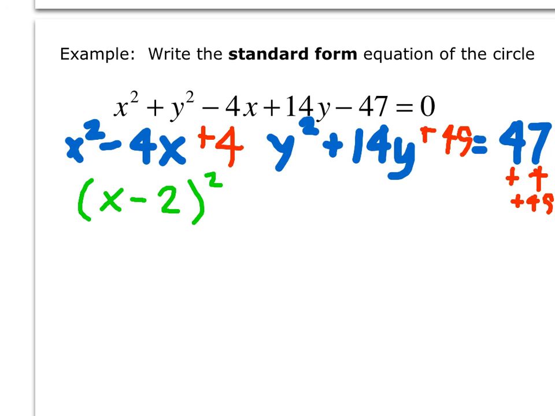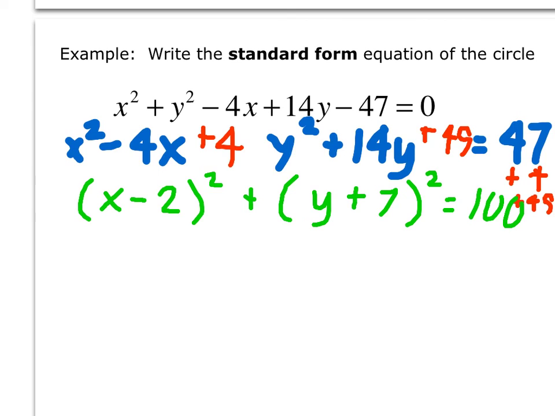If I FOIL that out, I'd get x squared minus 4x plus 4. And with the y's, it's going to end up being (y plus 7) squared. Meanwhile, on the right-hand side, when I add all that stuff up, I end up with the number 100. Again, how do I know what numbers go in there? Well, basically, it's always going to be half of that linear term, squared.